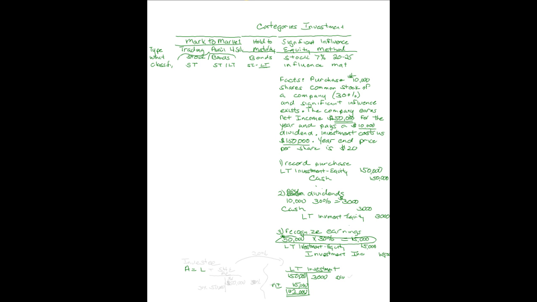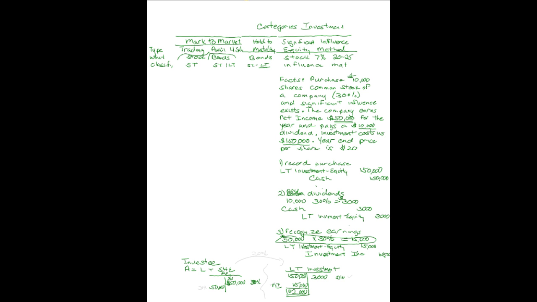What happened on the investee's balance sheet and retained earnings? Now again, remember, this is the investee, the person that I was investing in. Their retained earnings started at whatever it was, and it went up for $50,000 in net income, and it went down for dividends in the amount of $10,000.